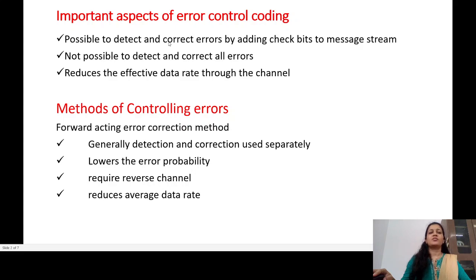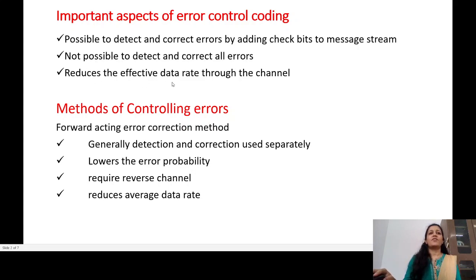In a similar way, it is possible for us to design a code which will be capable of not only identifying but even correcting the errors. But it is not possible for us to detect all the errors or to correct all the errors. For example, if I design only a single error correcting code, I can identify and correct only a single error.